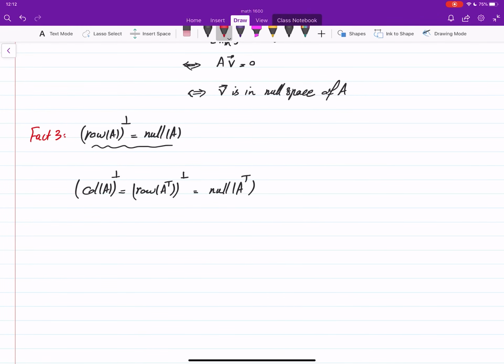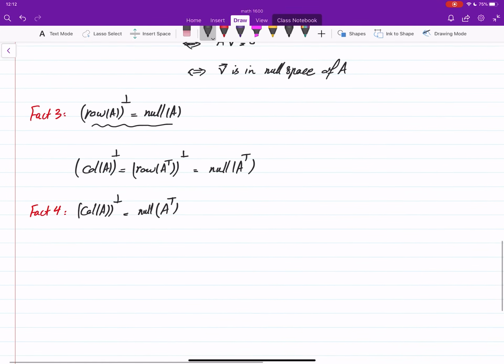And that is fact 4: if you want to find the orthogonal complement of the column space, you need to first find the transpose of the matrix and then find the null space of that matrix.